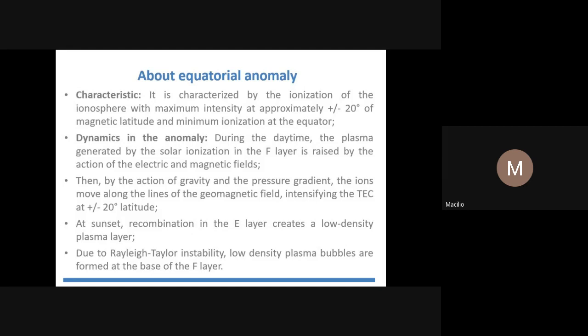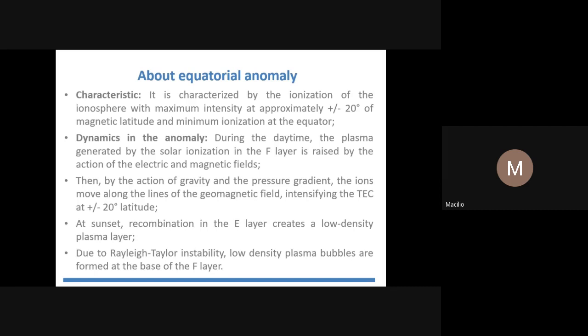Now I will talk about this equatorial anomaly. The anomaly is characterized by maximum ionization at about minus and plus 20 degrees of magnetic latitude, and the minimum ionization at the equator.